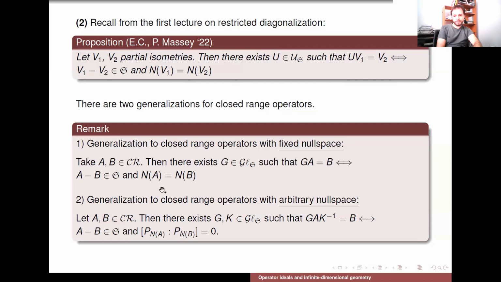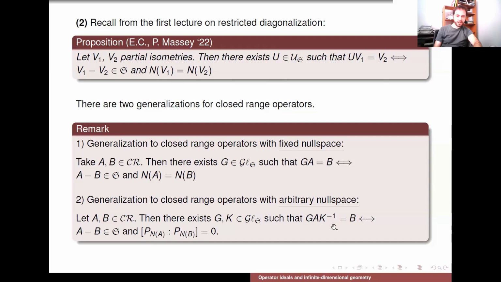And moreover, this can also again be generalized to the case where the null spaces are also moving. Instead of moving with the group only the range, we can move also the null spaces.